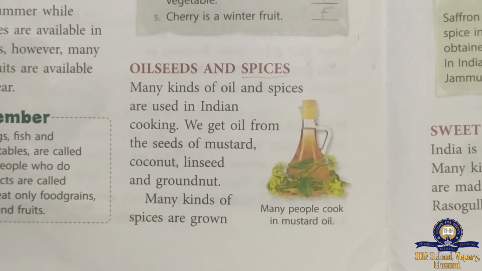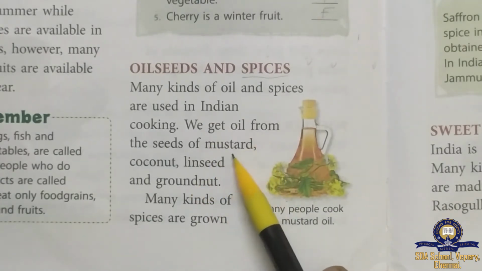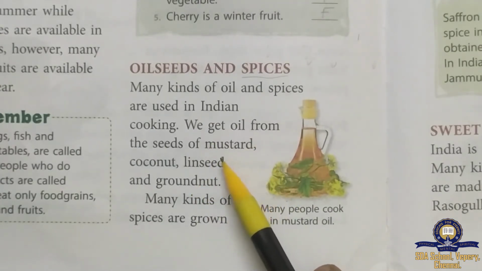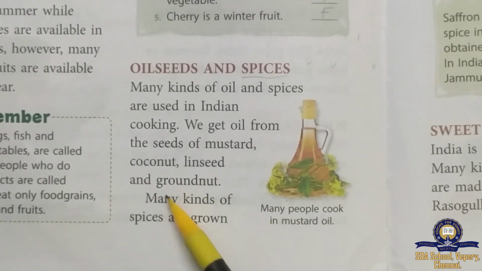Oil is obtained from seeds of mustard, coconut, linseed and groundnut. Nowadays people also use canola oil, olive oil and soya bean oil for cooking.